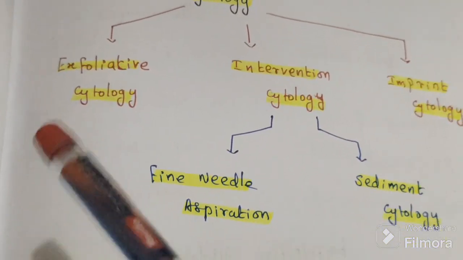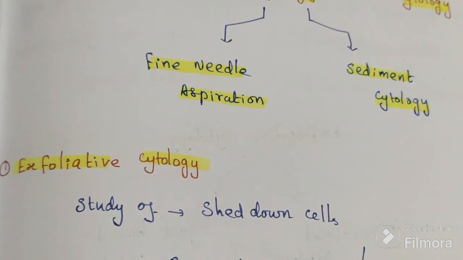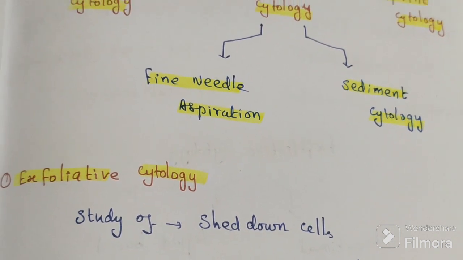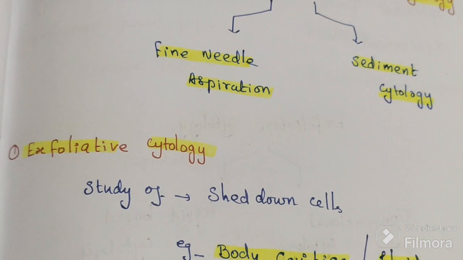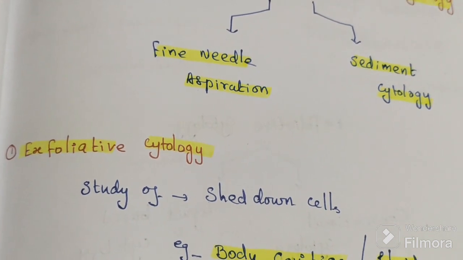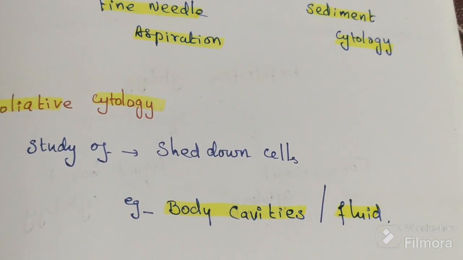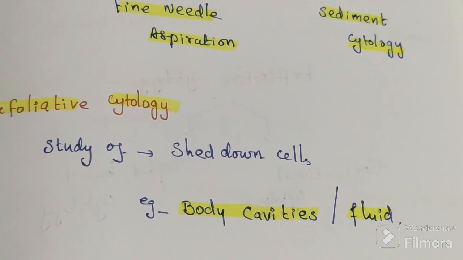So the first one is exfoliative cytology. What is utilized in this exfoliative cytology? Studying the cells which have been shed from a surface into a body cavity or into the body fluids.